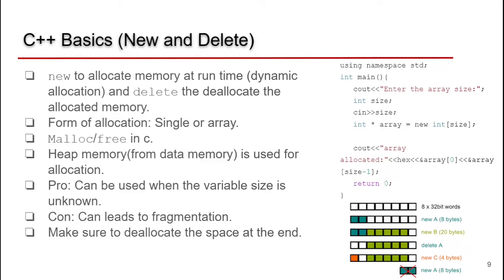Okay? So let's imagine this is our memory here in the first line. It's empty now. And then using new, we allocated 8 bytes. 8 bytes means 8 multiplied by 8, which is 64-bit.